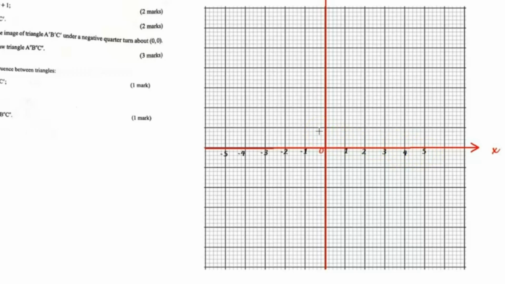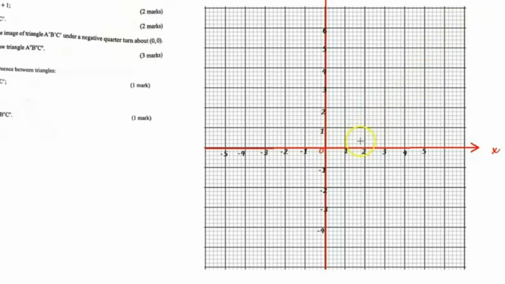In the positive y direction, we have 1, 2, 3, 4, 5, and 6. In the negative y direction, we have minus 1, then minus 2, then minus 3, and then minus 4. At least I can reach up to that point.